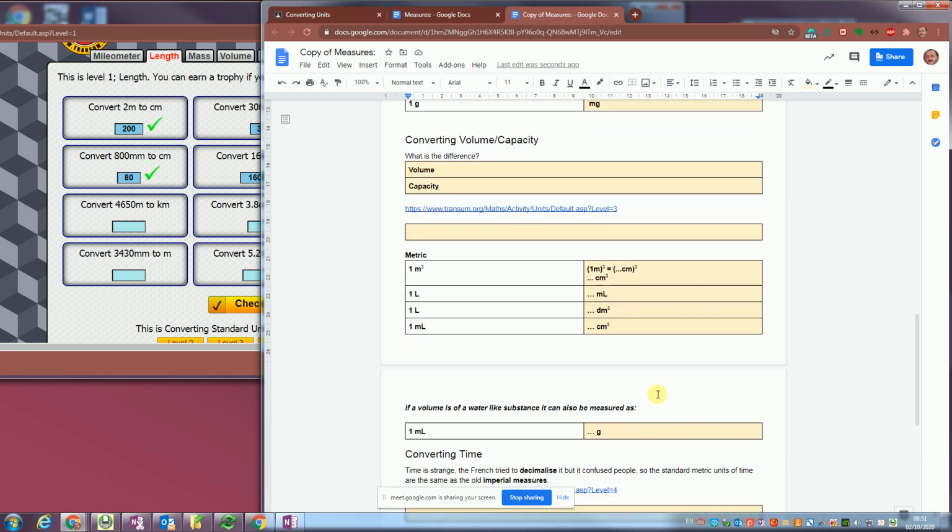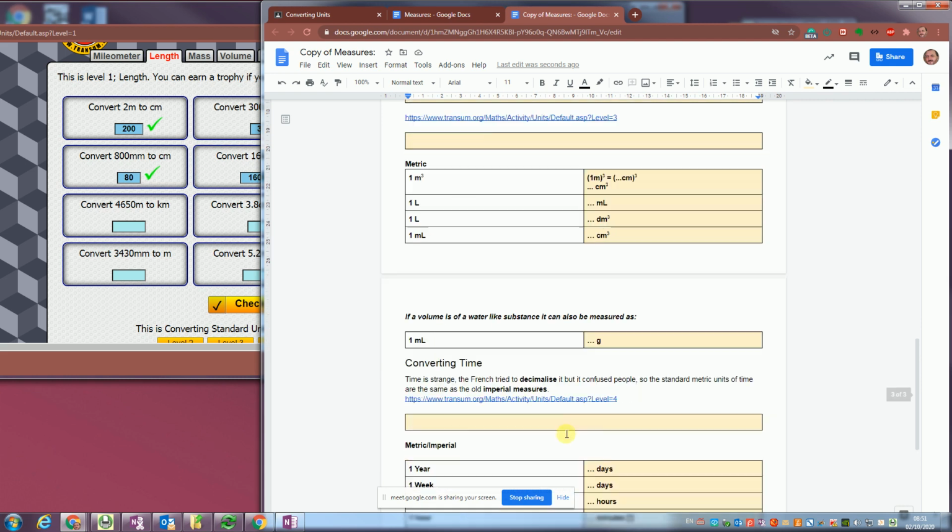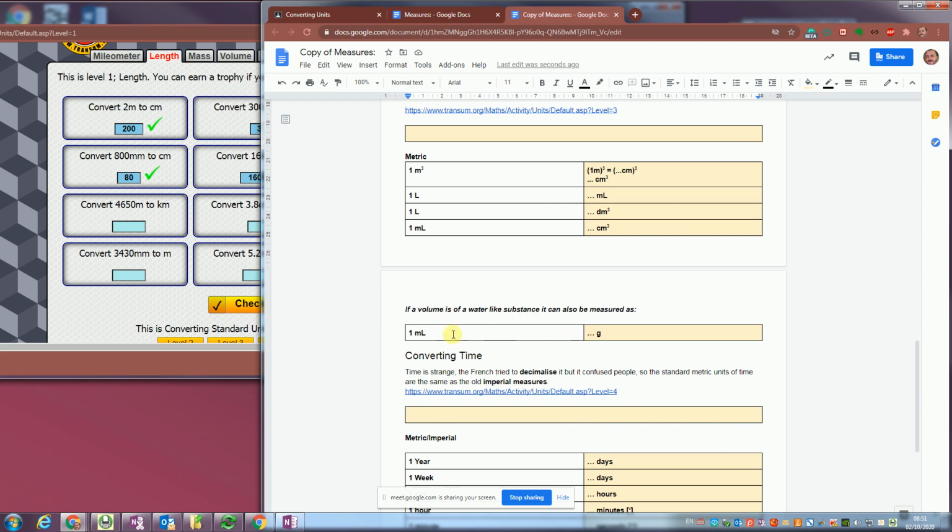One common one that you'll see is it's not uncommon for people when they're measuring something with water to give its mass, and they'll talk about grams. And 1 gram is 1 centimetre cubed. Okay, so 1 centimetre cubed is 1 millilitre.